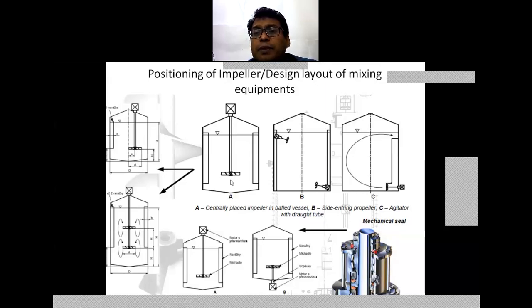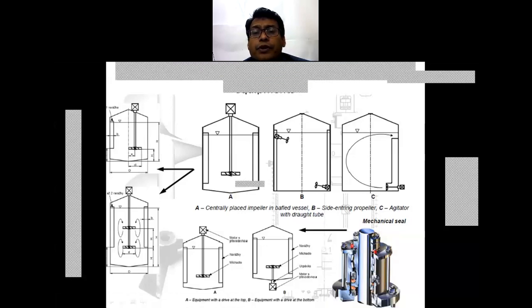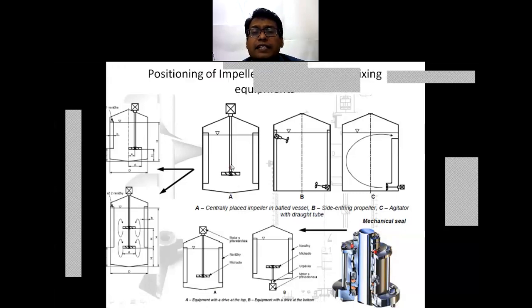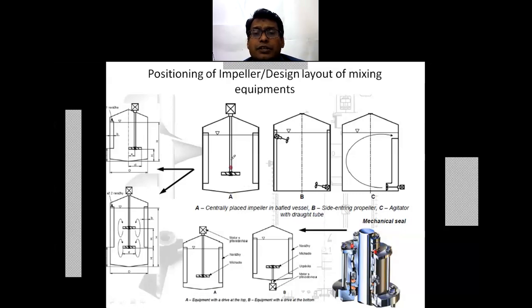Centrally placed impeller means the axis of the shaft and the axis of the vessel are going to coincide. So this is going to solve the purpose when we place the impeller axis centrally.